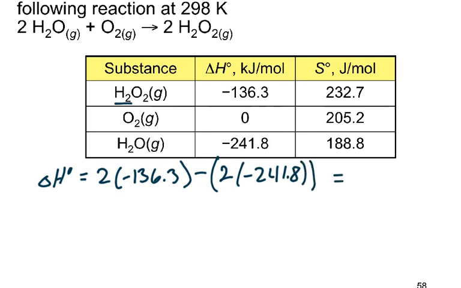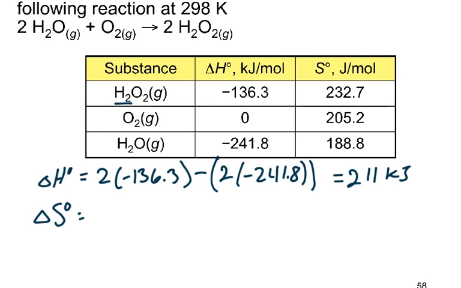So my delta H is a positive 211 kilojoules. Not per mole, just kilojoules. The per mole gets taken out with my coefficients.